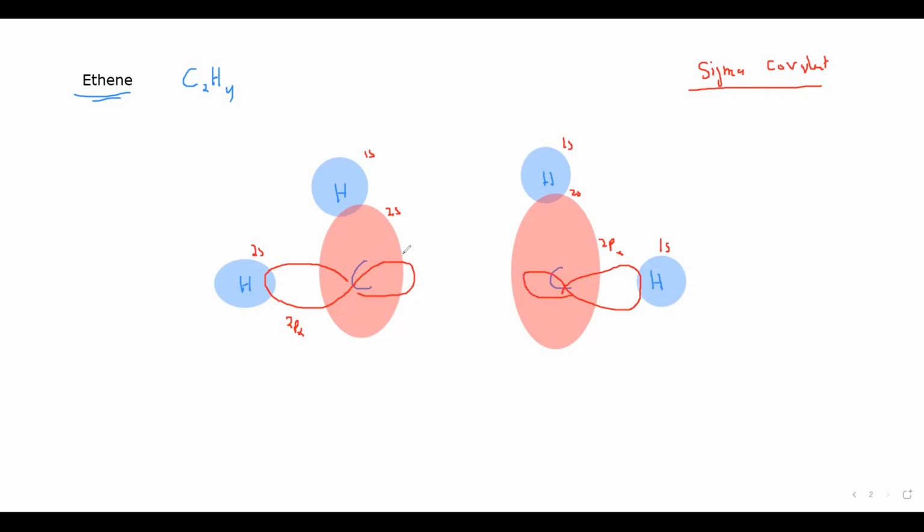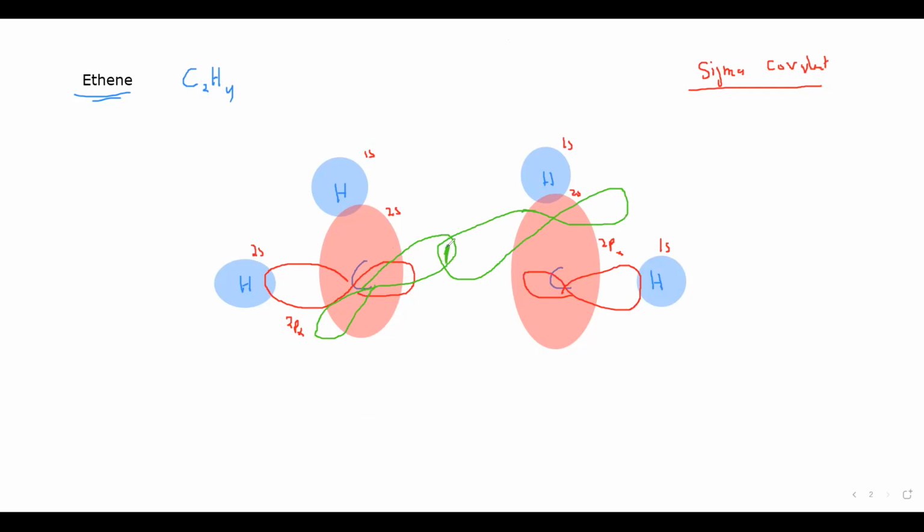So when we represent 2py, the second orbital, I'll use another shade for this, say a green shade. So this is 2py overlapping with 2py.